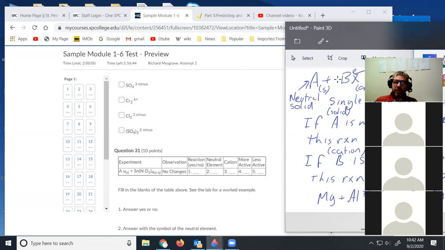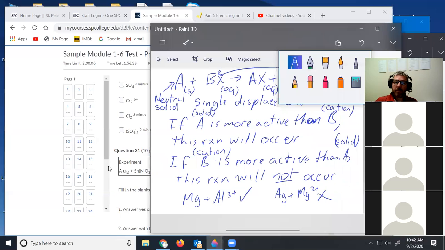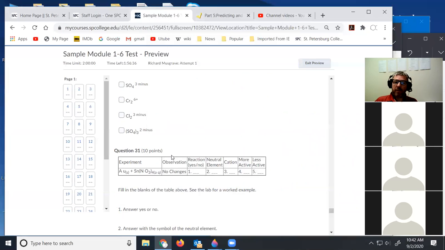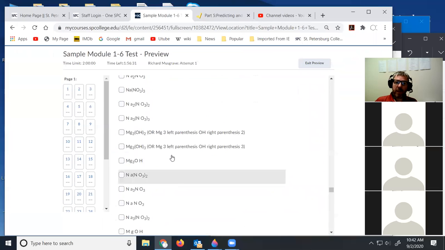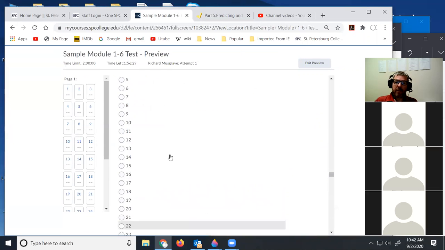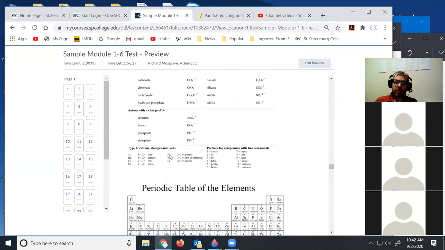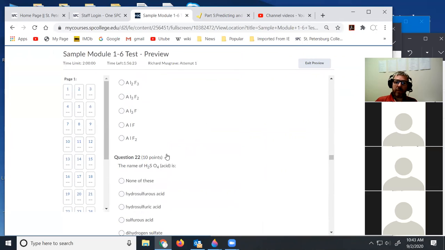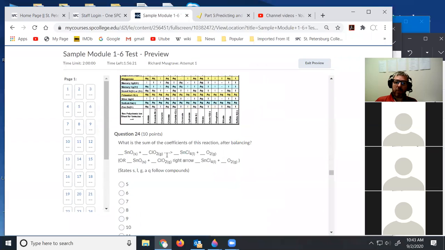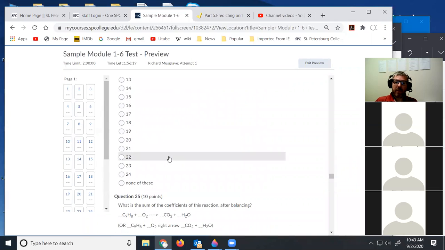Does anybody have any questions? All right, so what I would want you to do is you should take a look at this yourself and see how you're doing with it. And everything that relates to module 6 here, I think starts at number 24 on the sample test.